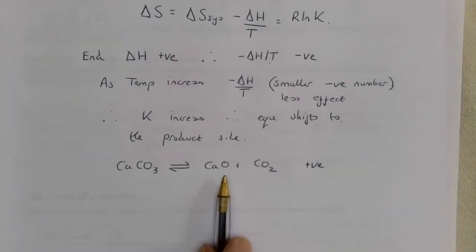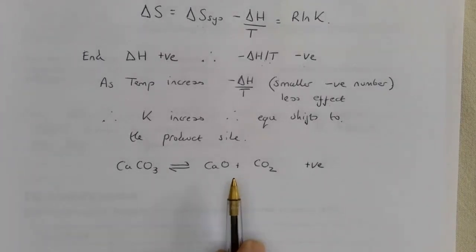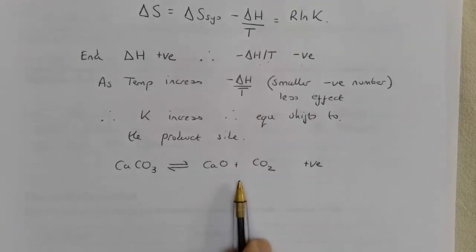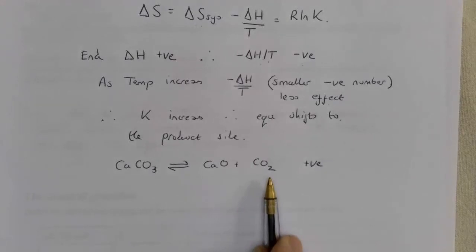If you heat it, this will increase the value of K, increase the value of the equilibrium constant, and the equilibrium position will shift to the product side. So that is why you need to heat it in a Bunsen burner flame in order to get the carbon dioxide to be given off. And if you know the numbers, you can actually work out the temperature at which this reaction becomes feasible.